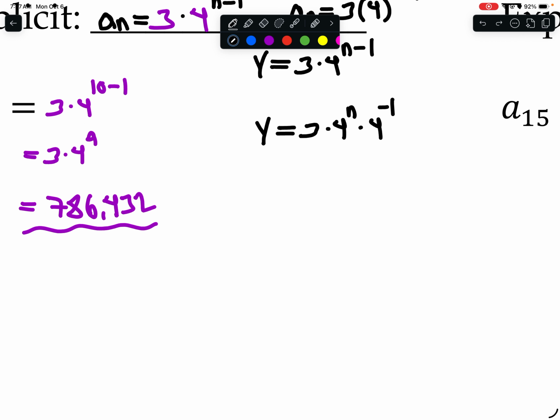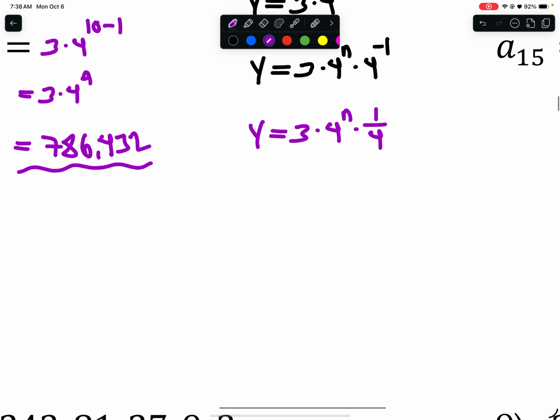And then I'm going to rewrite 4 to a negative 1. Those negative exponents tell me I need to flip it. So 3 times 4 raised to the n, and then 4 raised to the negative 1 is going to turn into 1/4. And then I'm going to multiply 3 and 1/4 together, and that's going to give me 3/4 times 4 raised to the n. So this would be my exponential form.